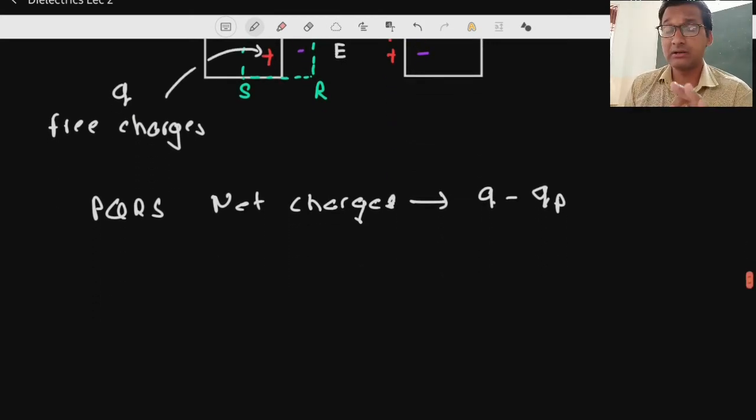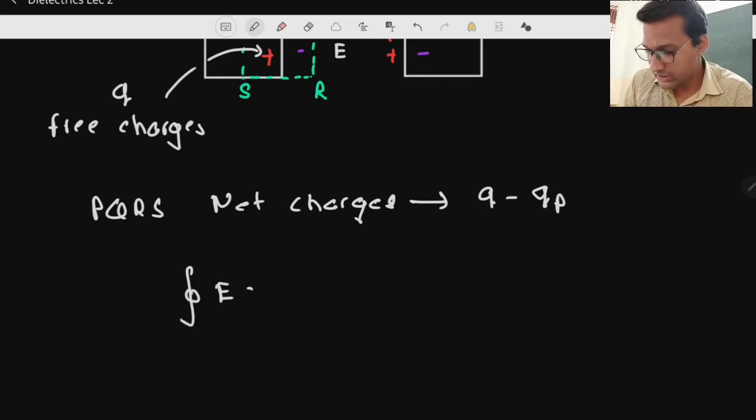Now let us apply the Gauss law again. We know the closed surface integral of E into dS, where E is the new electric field. It is not E naught. E naught was the electric field in the absence of any medium, whereas E is the electric field in the presence of the dielectric medium. So the integral of E dS is equal to the net charge, which is Q minus QP divided by epsilon naught.